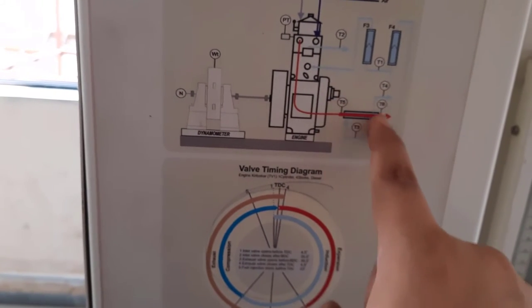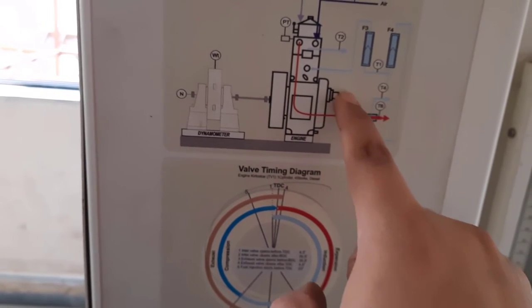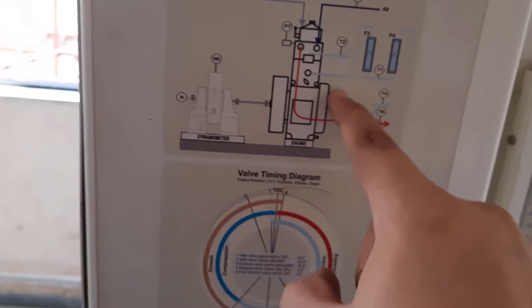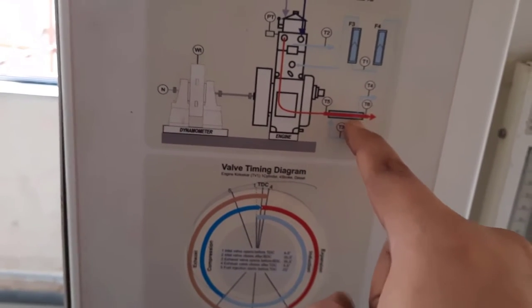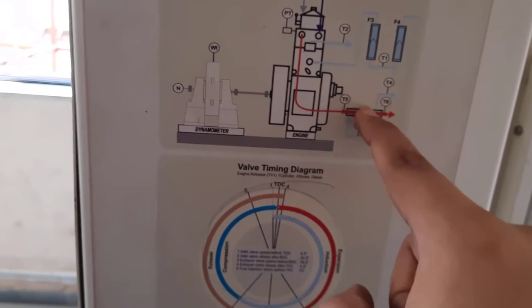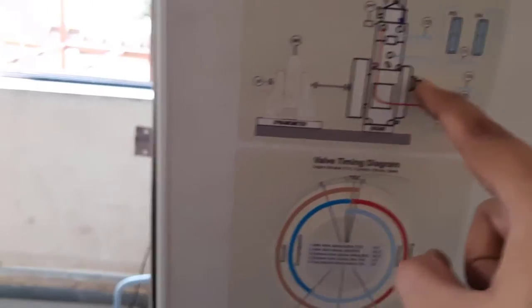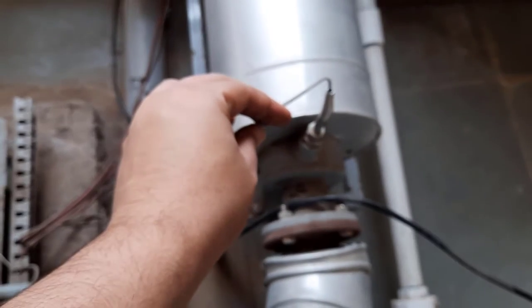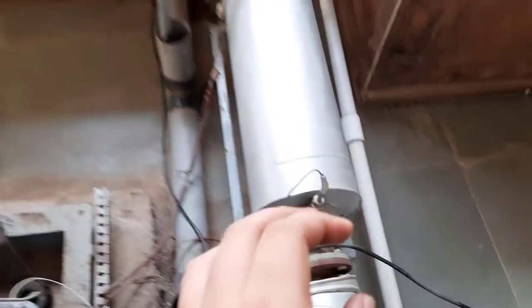This is your calorimeter. Over here we are measuring the inlet temperature of the exhaust gases in the calorimeter. What is the inlet temperature of exhaust gases in the calorimeter? It is T5, this is your T5.